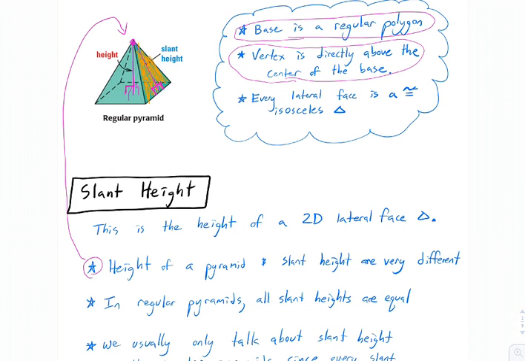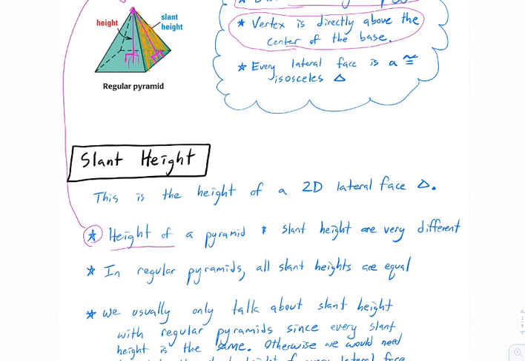But it would be like a Sharpie or a paintbrush on the surface, on the outside of your pyramid. The height of the pyramid is inside, bored straight down through it to get to the bottom center. Okay, and that's the most common mistake. The height of the pyramid and the slant height are very different.